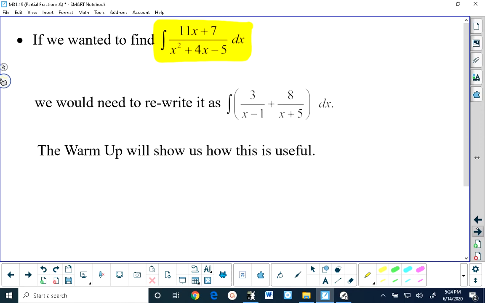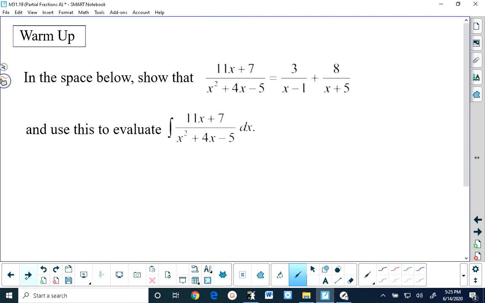However, and we will look at the exact answer to this problem in a bit, our brain looks at the integral of 3 over (x − 1) plus 8 over (x + 5), and we do not hit a brick wall there. We know exactly what we have to do to integrate that. And if those two integrands are equal, then if we find the integral of 3 over (x − 1) plus 8 over (x + 5), we will have found the integral of (11x + 7) over (x² + 4x − 5).